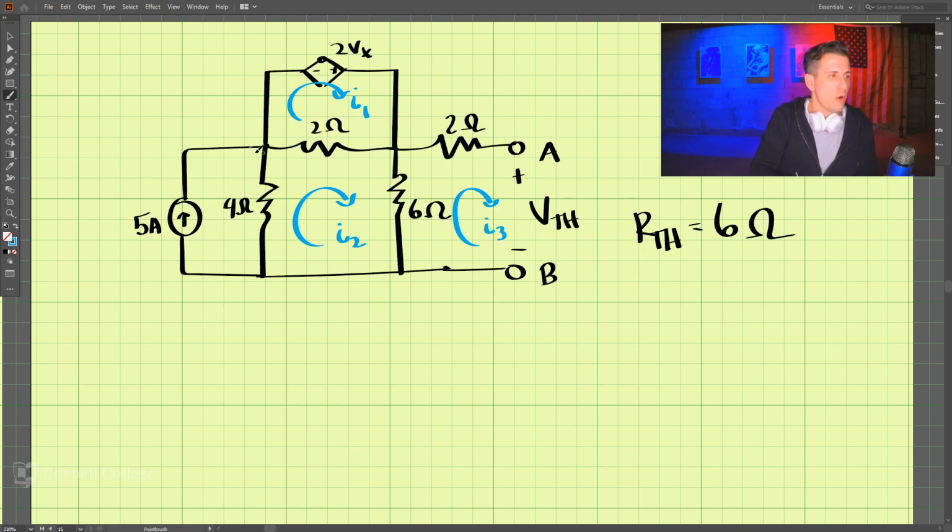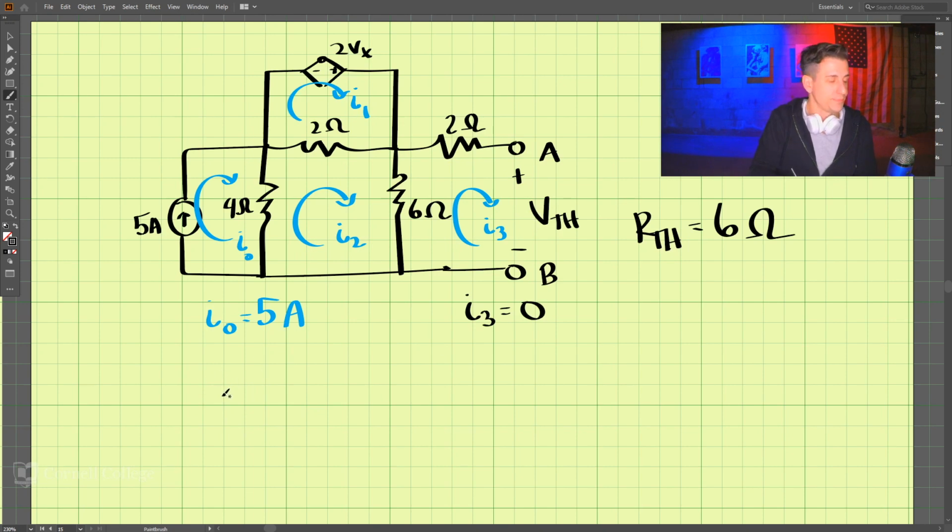And we'll call this I naught. I naught is equal to 5 amps right here. And we also know that our I3 is equal to 0 because it's open voltage. There's no current going through here. So I3 is 0.